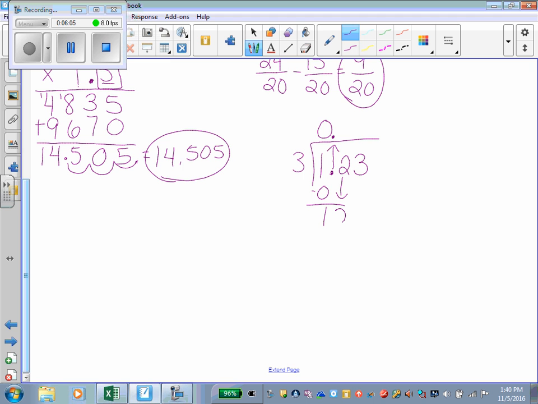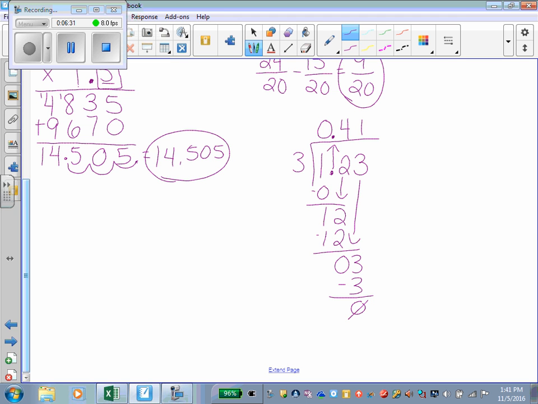Bring down your 2. Is 3 smaller than 12? Yes. So 3 times what will get you close to 12 or 12 exactly? 4. 4 times 3 is 12. Subtract. Bring down your 3. 3 can go into 3 one time. 1 times 3 is 3. And you have 0.